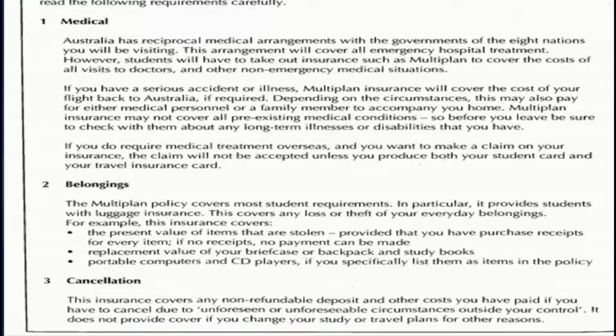If you read the previous one, it tells you the reasons for which the multi-plan can actually cover. That's due to unforeseen circumstances that are definitely out of your control. So since it doesn't provide for that, the option will be option C.